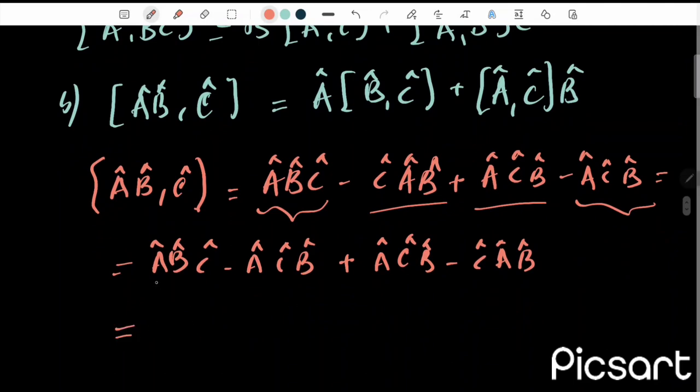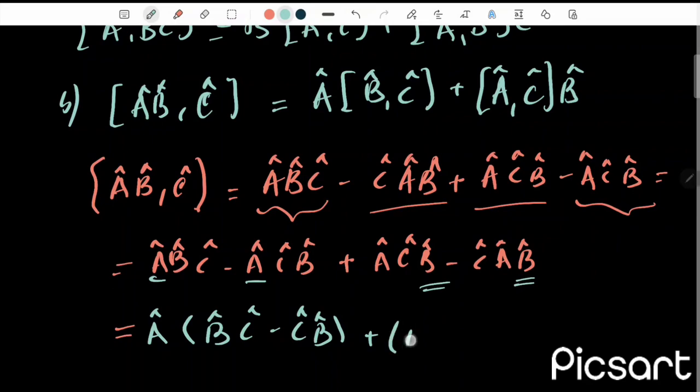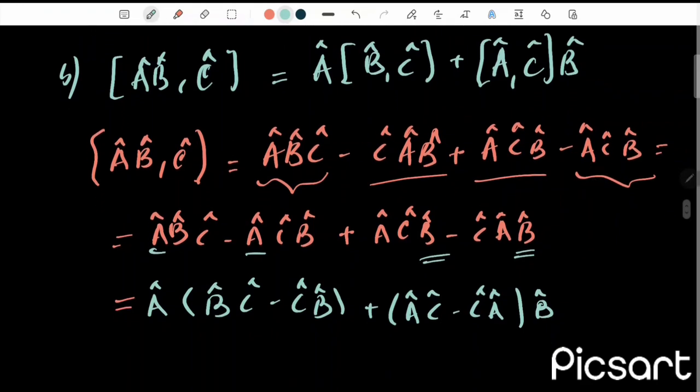And now we take A as a common factor, and we have B C minus C B plus, here we have B and we have A C minus C A times B. It's necessary to remember that generally the product of two operators is not commutative, so it is very important to verify that if you have the operator on the left hand side, then you must guarantee that you have also the same operator on the left hand side, and you have the other operator on the right hand side.